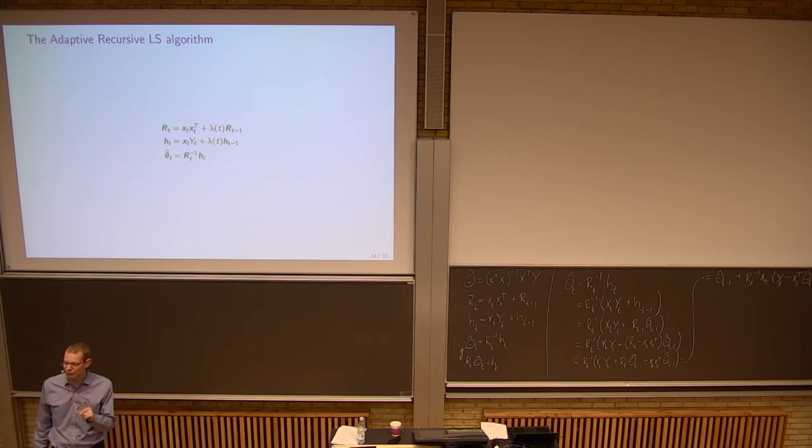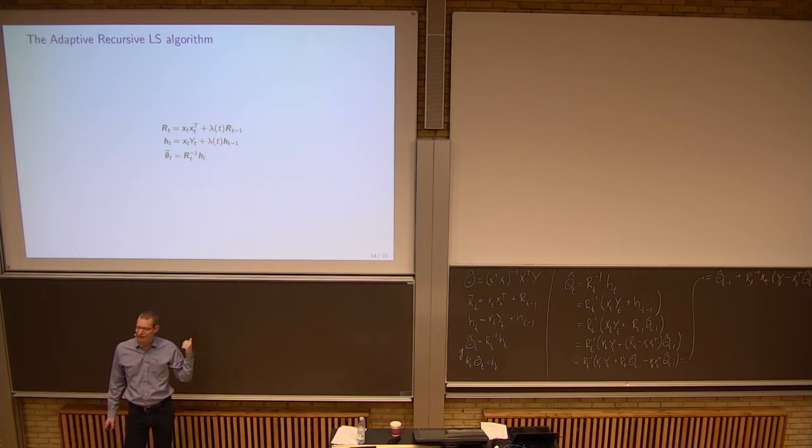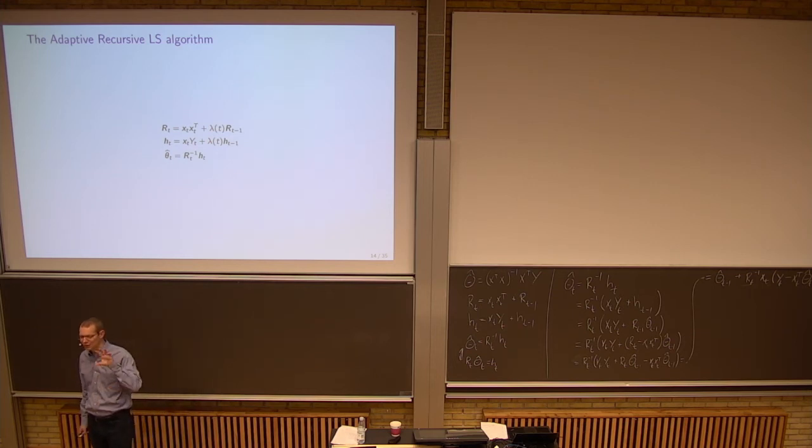There's one difference here. I don't know if you recall the trend models. The difference was also there for the version without forgetting. It's okay if you don't remember. What you were doing in the local trend models was to shift time backwards.